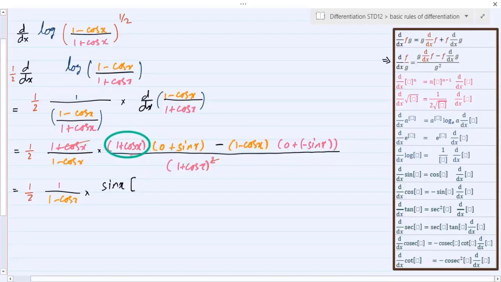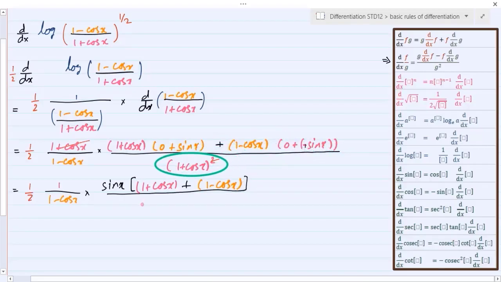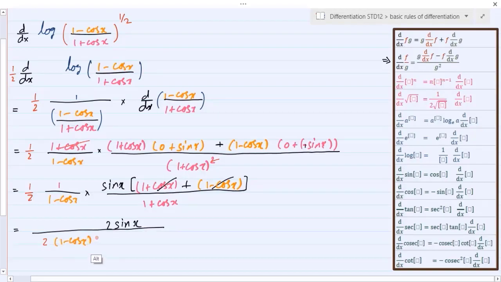So from the first term, we will get (1 plus cos x), and this minus minus becomes plus, and from the second term we will get plus (1 minus cos x), and here 1 power of (1 plus cos x) will be as it is. So now plus cos x minus cos x will cancel out. 1 plus 1 becomes 2 sin x upon 2 (1 minus cos x), and (1 plus cos x) will be as it is. This 2 can be cancelled out.